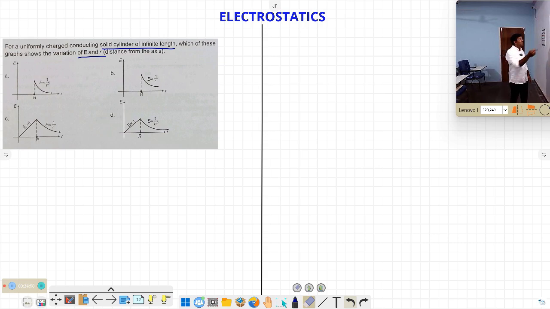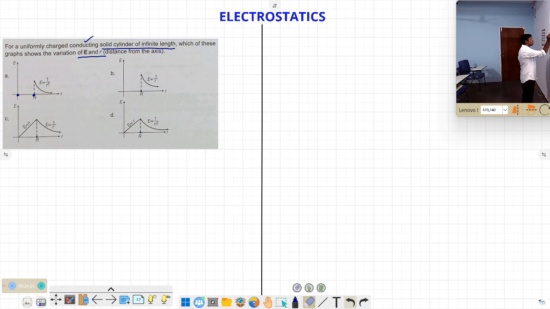Anyway, you know which type of cylinder it is: a conducting cylinder. Conducting means whenever you take any conductor, the electric field inside is always 0. So from the center of the cylinder up to the surface, the electric field is always 0. In the first option, in the graph of E versus R, this is the origin, this is the center, and this is the surface.